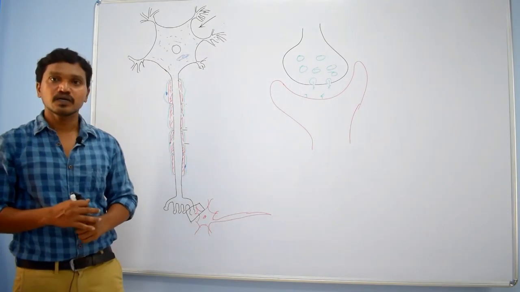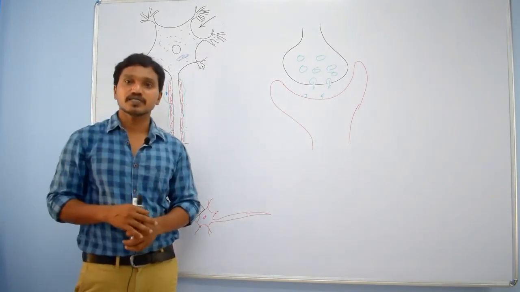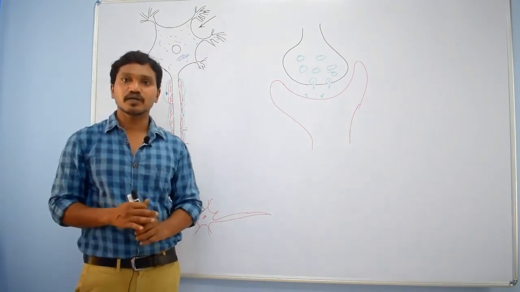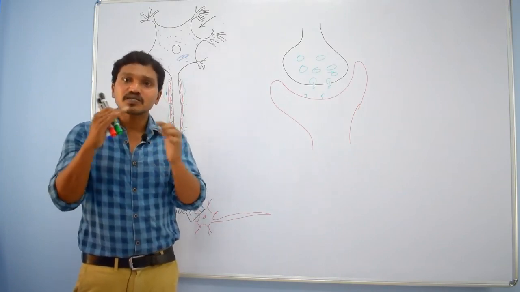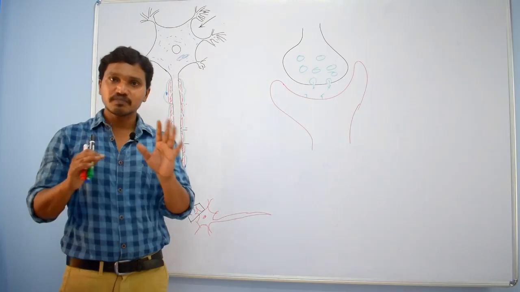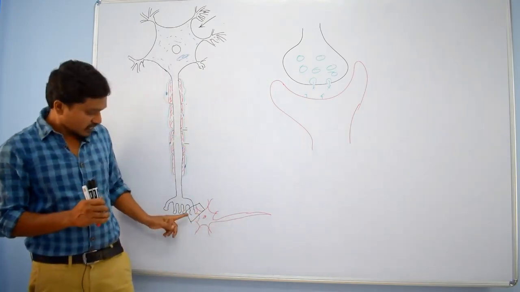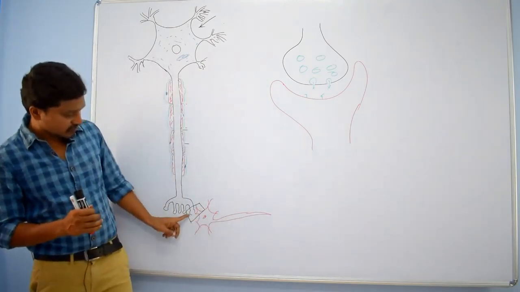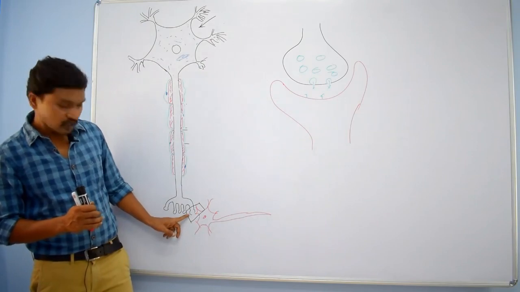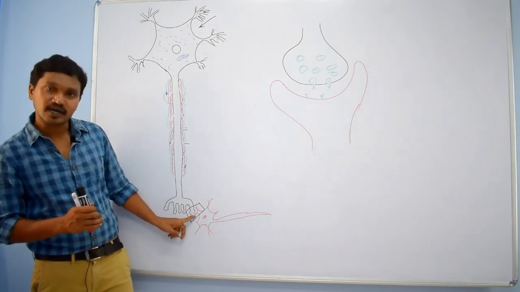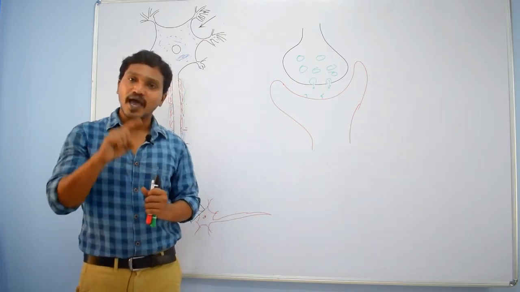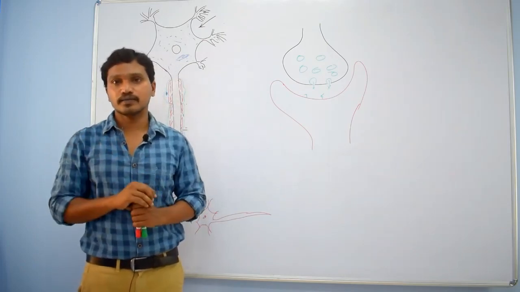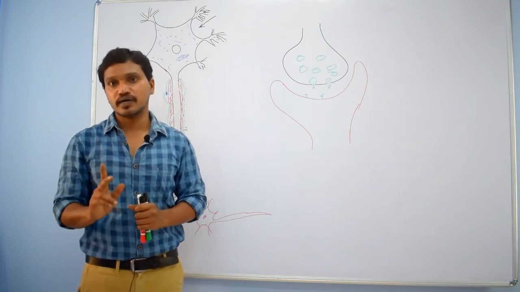After that, what are the different types of synapses? This is very simple. It's based on the junction between the parts of the neuron. Imagine there is a junction between axon and dendrite. This is the most common type of synapse: axodendritic.